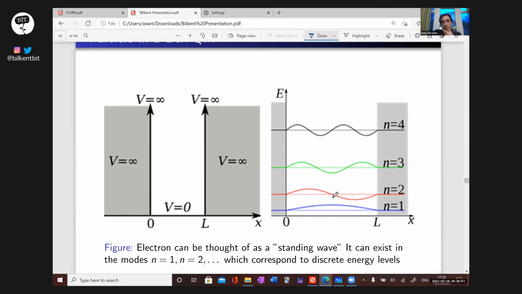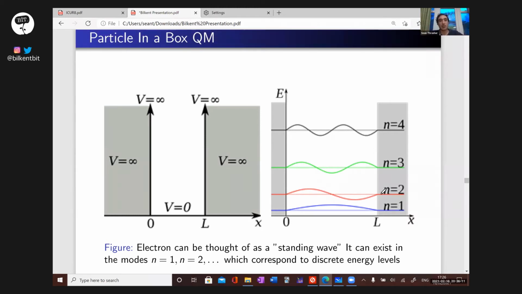The way I'd like you to think about an electron in an atom, in a very crude one-dimensional model, is that you might trap it in a box of length L. Abstractly, I want you to think of it as a standing wave.